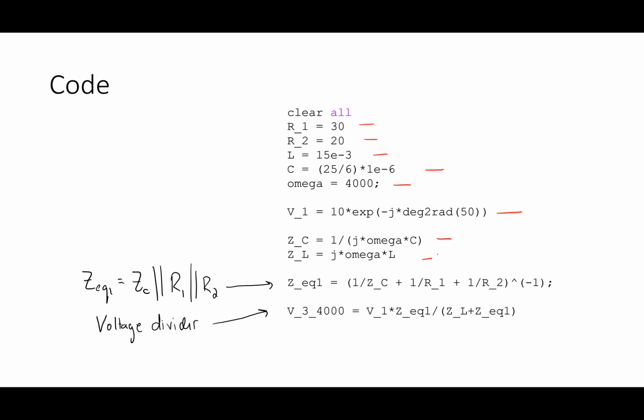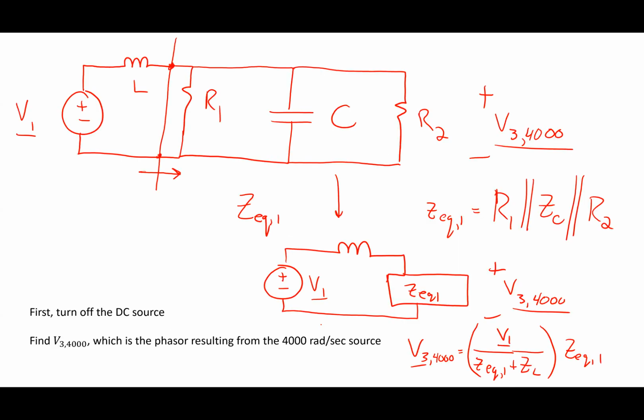I wrote down Z sub C and Z sub L. I then solved for ZEQ1, and then I plugged that all in here. Now, you guys don't like to do what I just did here, I think in general. Maybe some of you are getting used to it. But when I look at this, it is all in terms of variables, and I can match them up 1-to-1 with my equation. I can get my homework done a lot faster when I can match up those things 1-to-1 with equations.